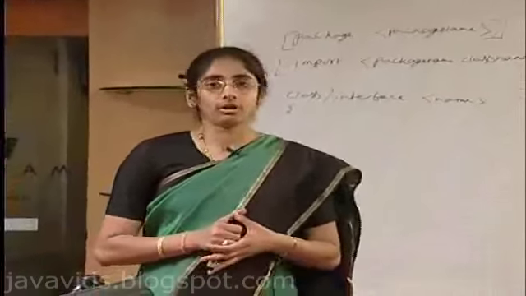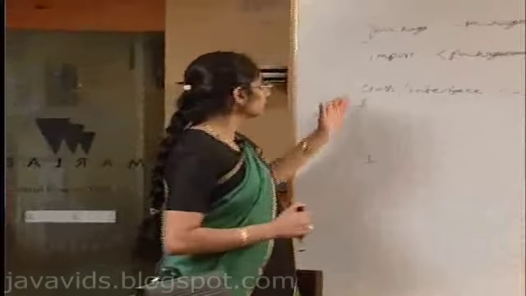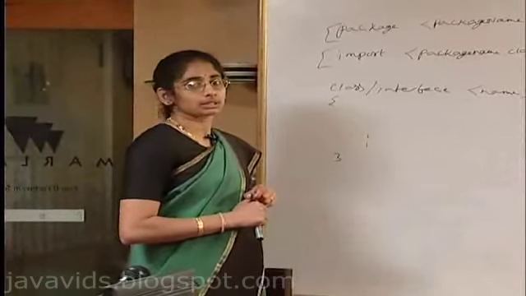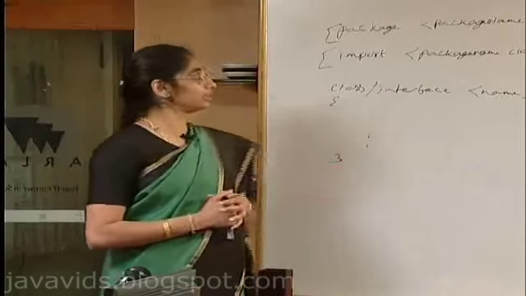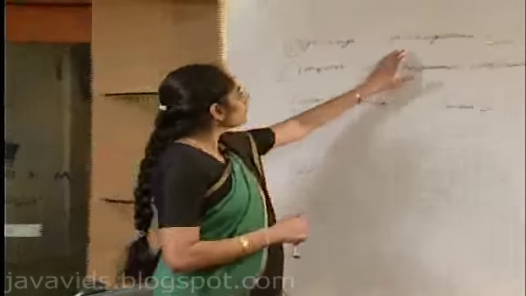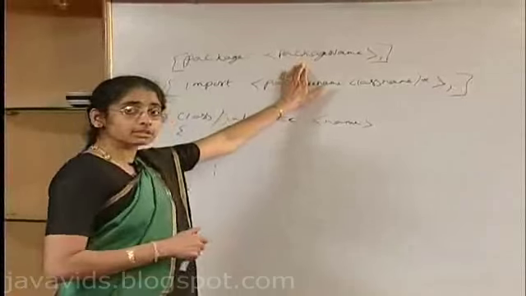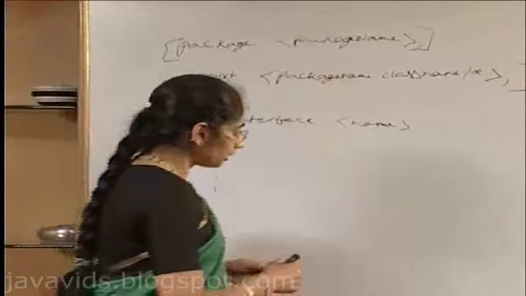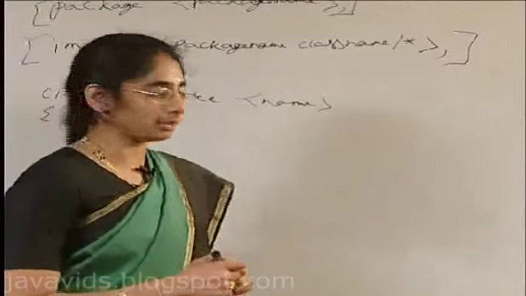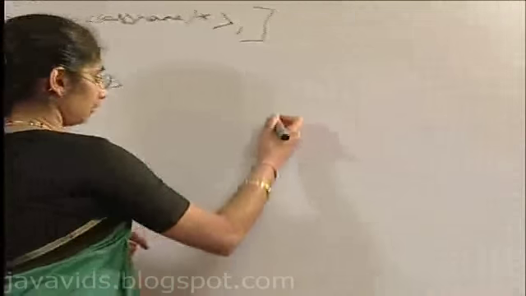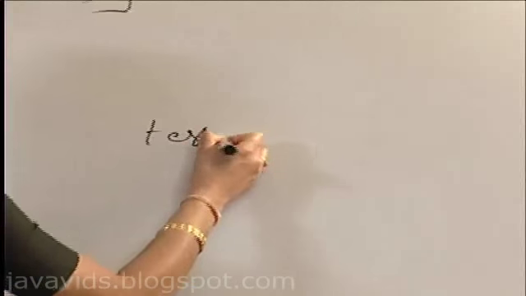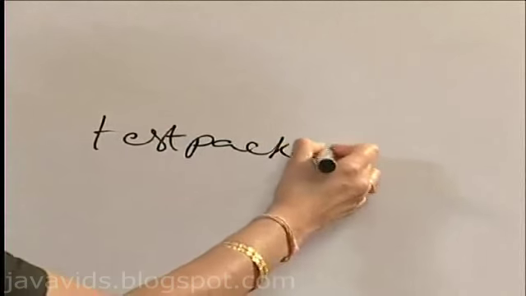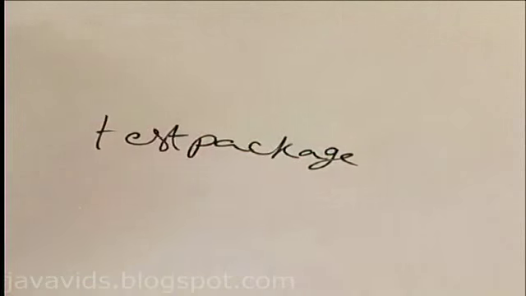Now Sun follows certain nomenclature for the package names and the class names, as well as methods and variables. What is it that we need to follow? The package names are specified all in lowercase. So if you are giving a package name, let's say testpackage, it should be all in lowercase.